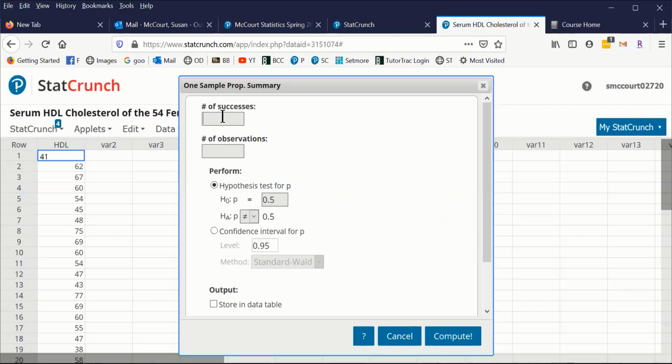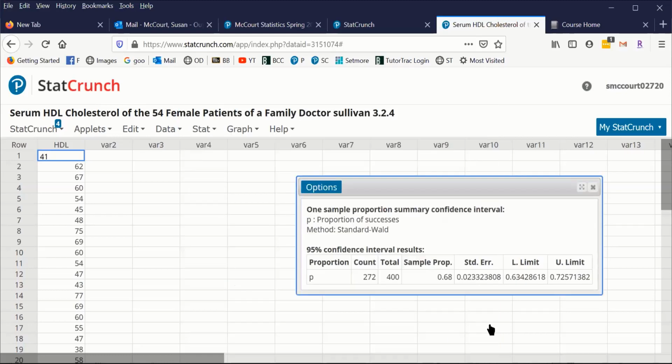And then it's X over N, so 272 over 400 and confidence interval. Compute.